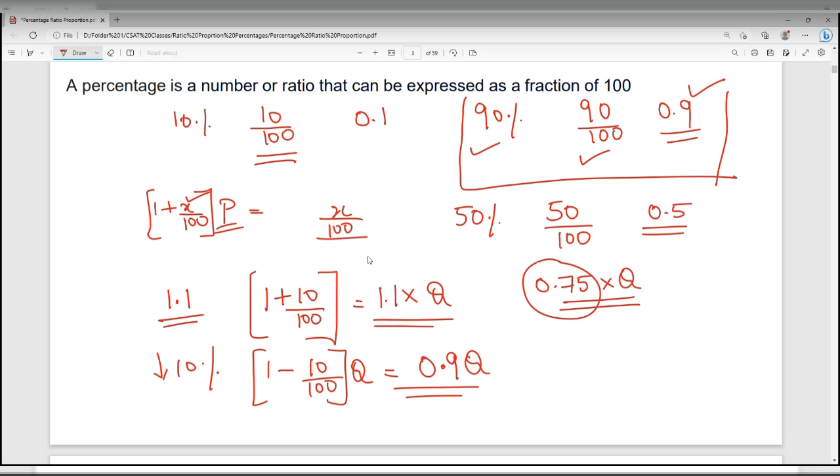So this 0.75 has come from 1 minus 25 divided by 100. And this is 1 minus 0.25, which is equal to 0.75. So this is how we calculate the final value whenever they give you any percentage increase or percentage decrease.